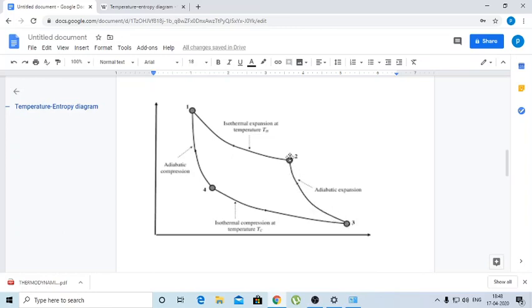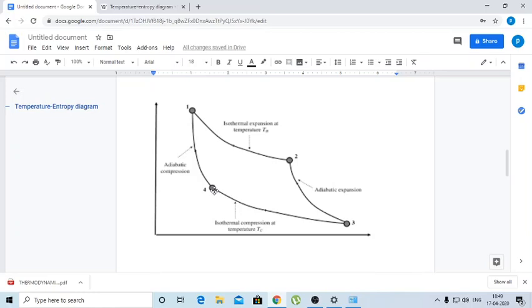During this adiabatic process, no heat is transferred between the system and surroundings, and when the system reaches a low temperature T2, the process in the forward direction is finished.